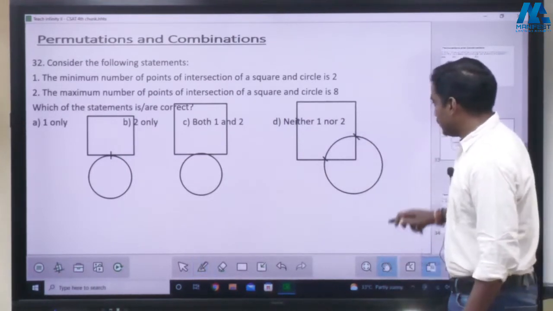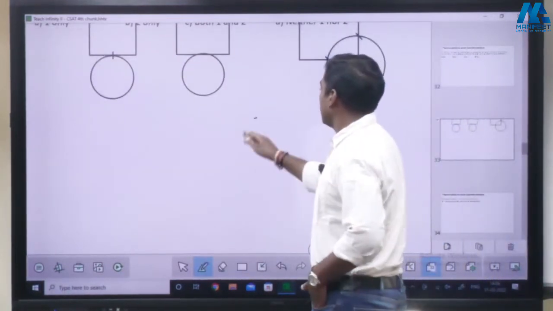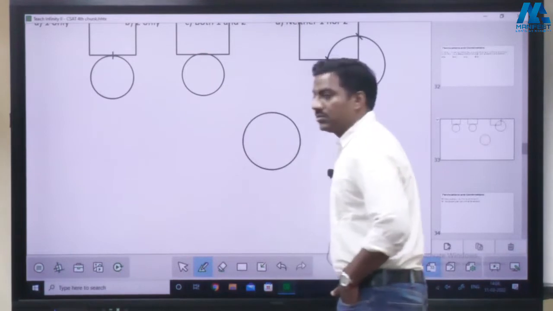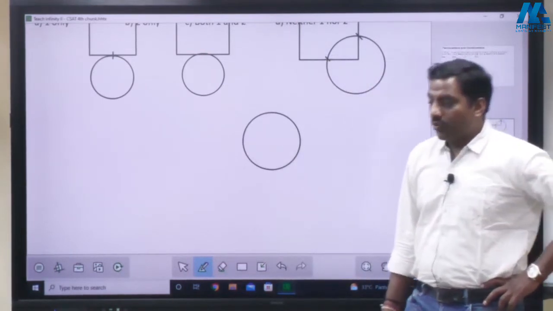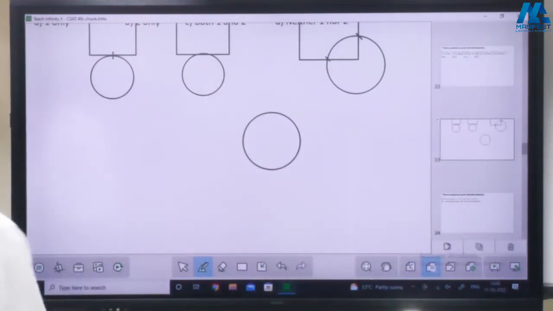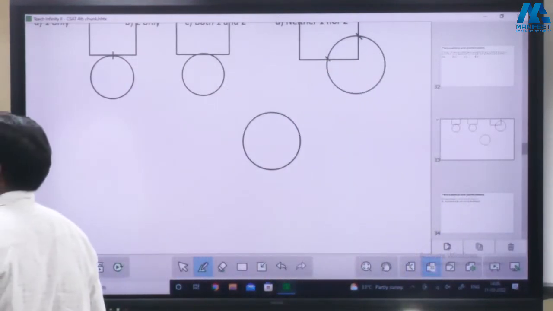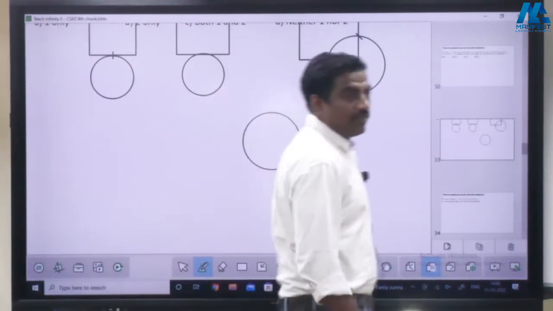Next chance. I'll draw a circle. Can we connect or can we intersect a square with the circle at 3 different points? At 3 different points? Can we?